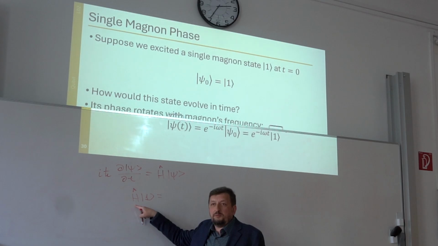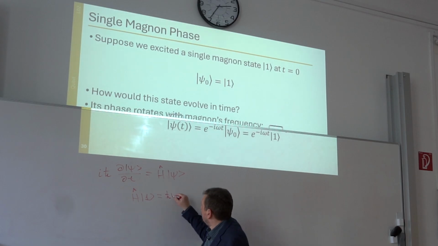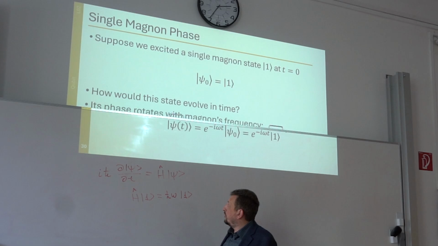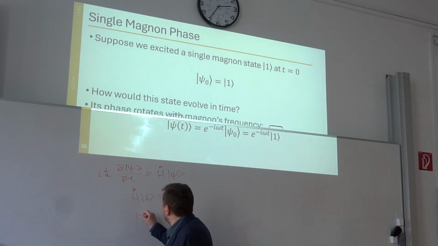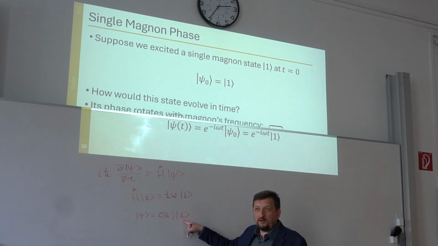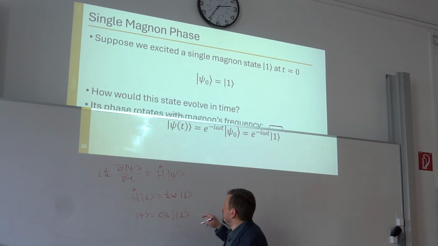This is a state with a particular energy of one magnon, and it is an eigenstate. So here I will write psi as some c as a function of time times this state, because I have one magnon.